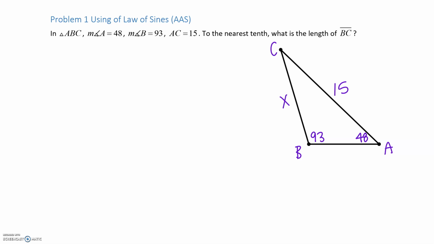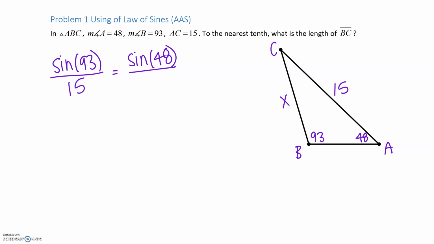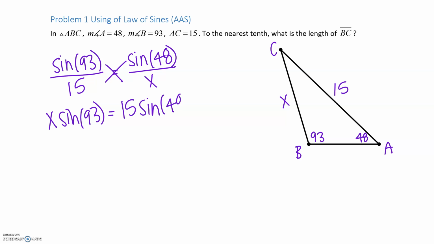So what we can do is compare the sine of our angle B, which is 93, over its opposite side, which is 15, equals the sine of that 48 over the opposite side, which we just said was X. Now that we have a proportion set up, we can cross multiply, which means we're going to have X sine of 93 equals 15 sine of 48.